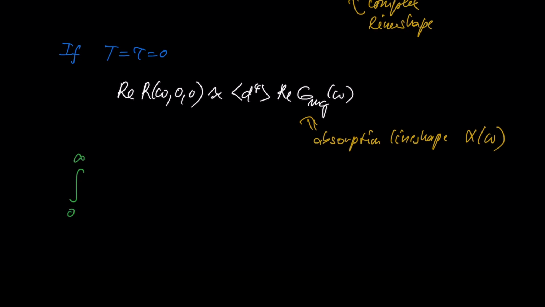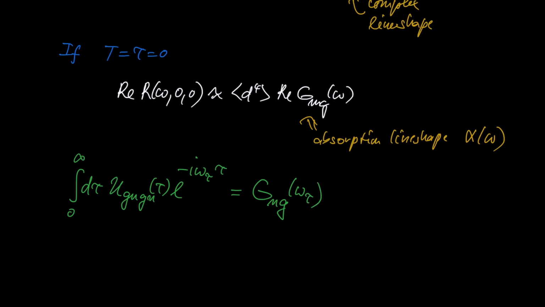If we take a half Fourier transform of the gn tau, with minus omega, here we define some omega tau. This would be the line shape g and g of omega tau, but complex conjugated.